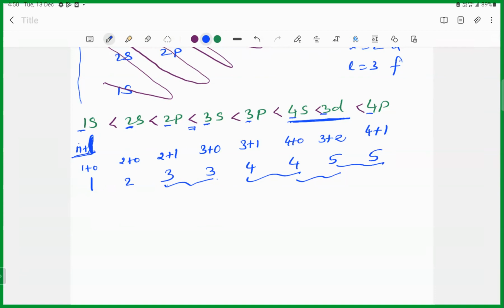Sir, because you wrote n plus l, 4s has a lesser number and it's before itself. That's why it was filled before.